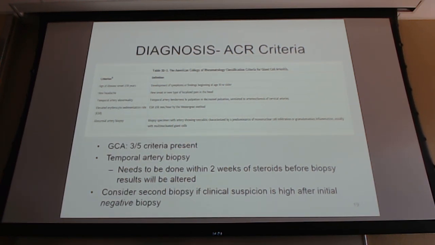So ESR. Again, yes, talked about that. Biopsy needs to be done within 2 weeks of steroids, before that, results will be altered. Consider second biopsy if clinical suspicion is high after initial negative biopsy.